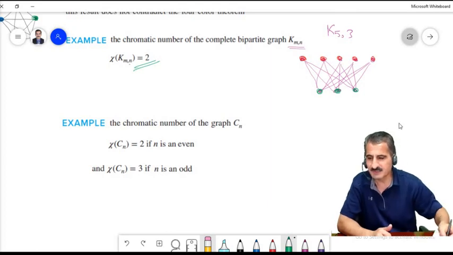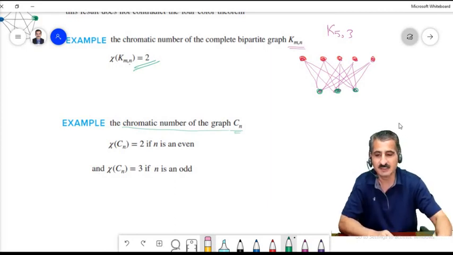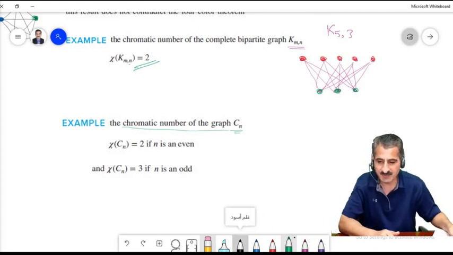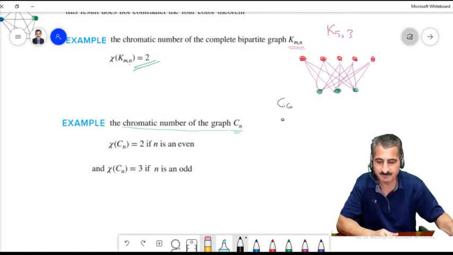Okay, what is the chromatic number of Cn? Remember, Cn is a circle with n vertices. Okay, and that's worth some discussion, and let's find this out by doing 2 examples. Let's take C6, which means we have 6 vertices, connected this way only.